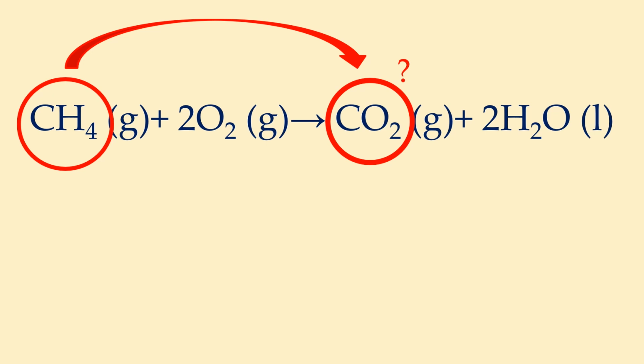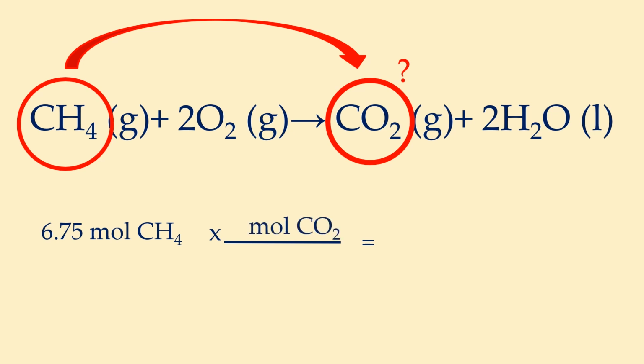We start with 6.75 moles of methane. We'll next set up our ratio for converting. Insert the units mole of CO2 in the numerator and mole of CH4 in the denominator. Now, the mole of CH4 will cancel.